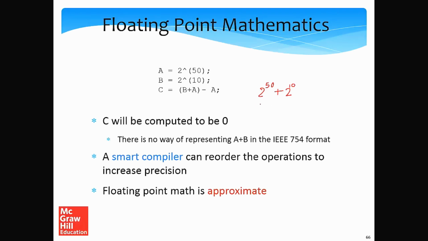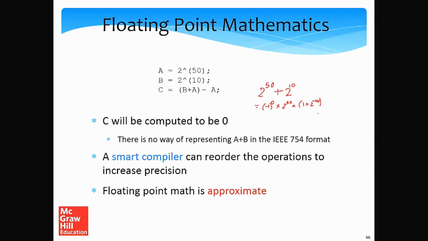If we do this, the result would look something like this: the sign bit will be 0. The exponent has to be the larger one, can't be the smaller one, so 2 to the power 50, plus the significand has to be something of the form 1 plus 2 to the power minus 40, right?